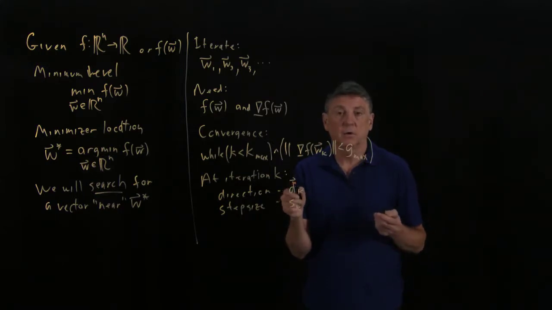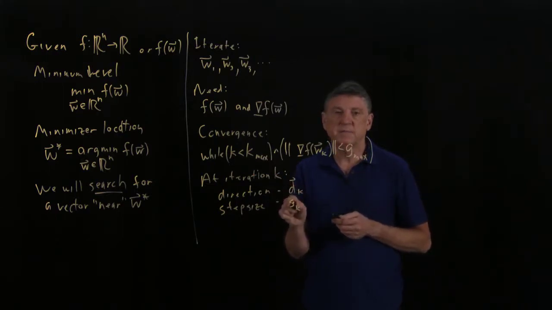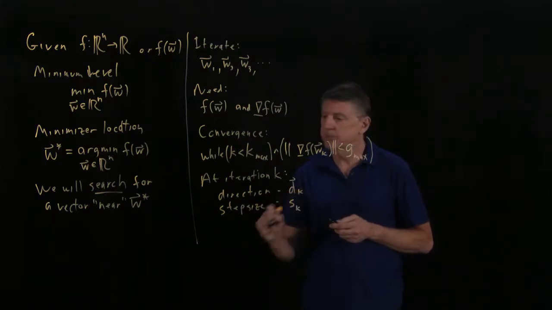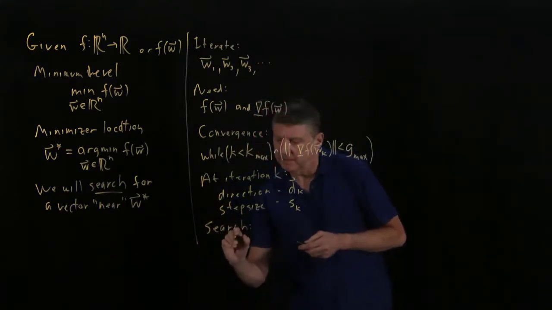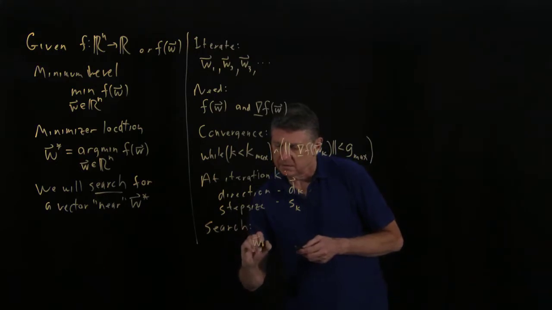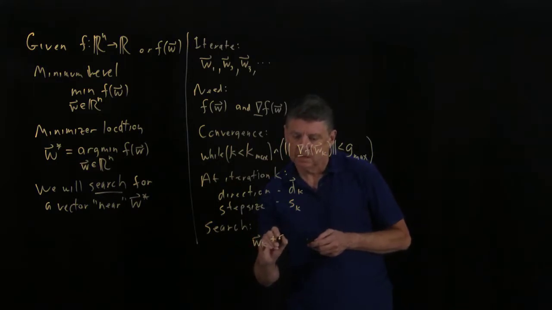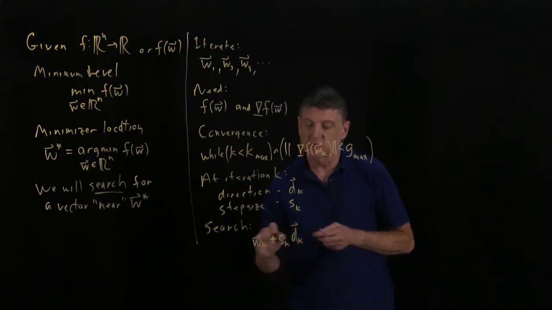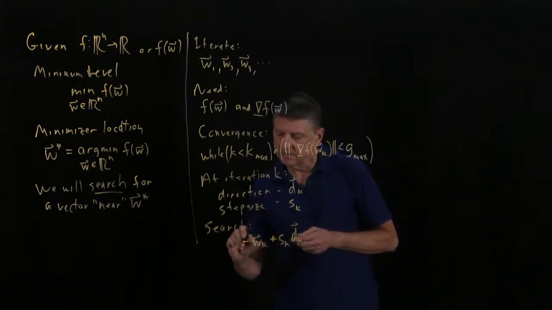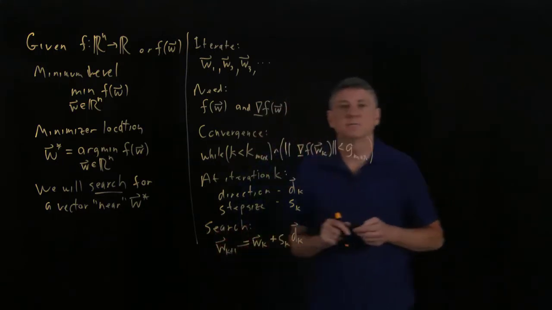Now in vector land, that's a more complicated notion. Here, the step size was either a fixed step size that the user provided us, or we used backtracking. So the search that we'll conduct is specifically, we'll take the kth estimate of the minimizer, and add the kth step size times the kth search direction, and that will equal our new estimate of where the minimizer is.